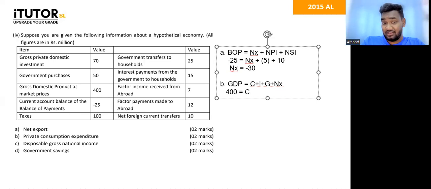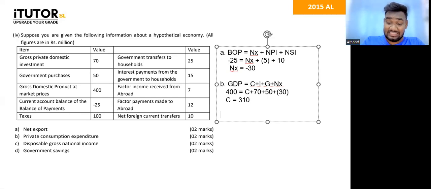Consumption you have to find. Investment here, gross private domestic investment 70. Government purchases given 50. Net exports you found in the previous question, minus 30. So can you move things around and tell me how much is C? Private consumption. How much is that? 400 equals C plus 70 plus 50 minus 30, so C is 310.